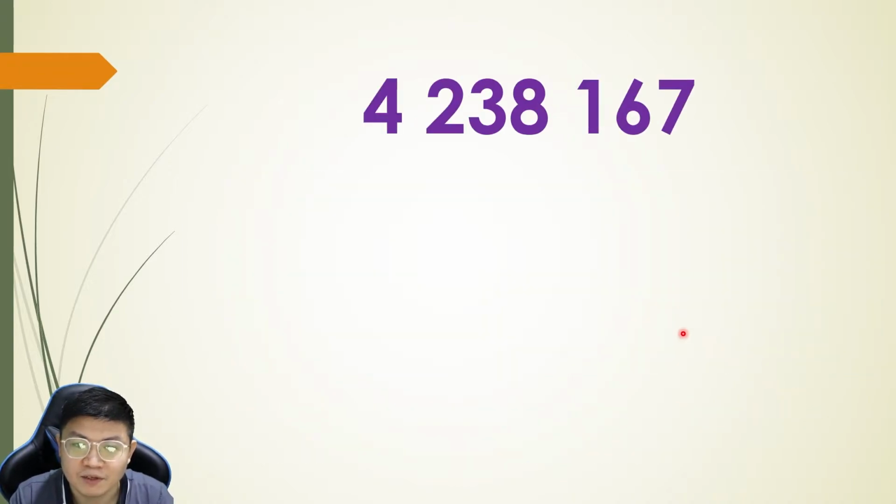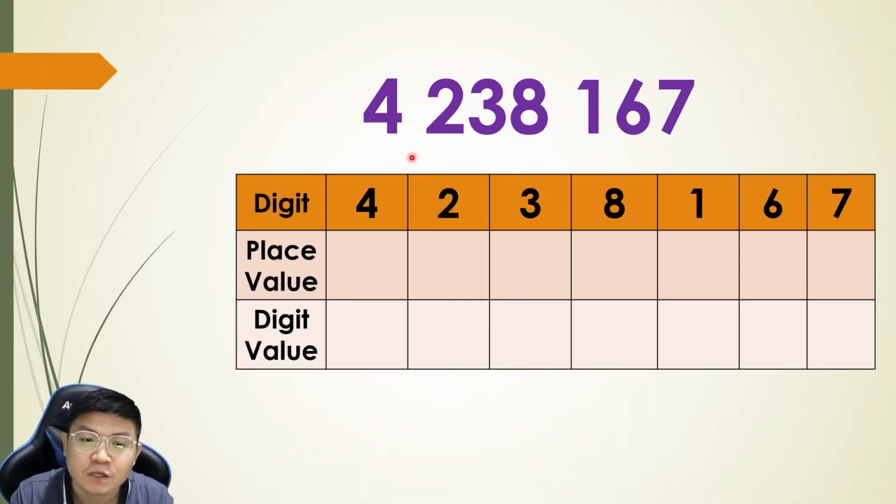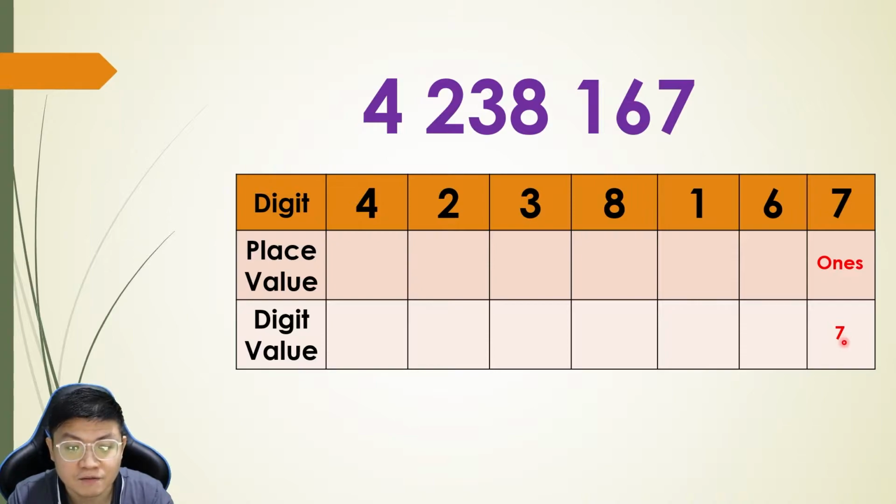This is another number again, 4,238,167. Same, I will make a table to separate its digits like this: 4, 2, 3, 8, 1, 6, 7. Right? So I need to identify the place value and the digit value. So the 7 here is ones, and we write 7 for the digit value.